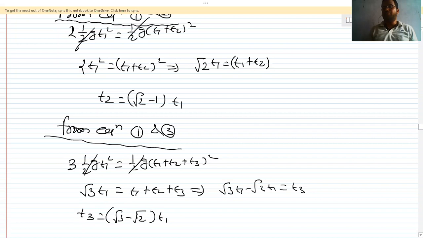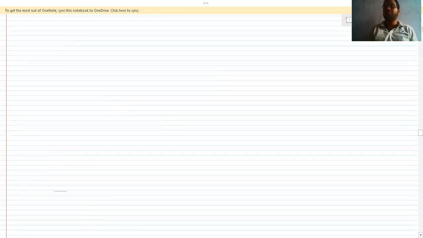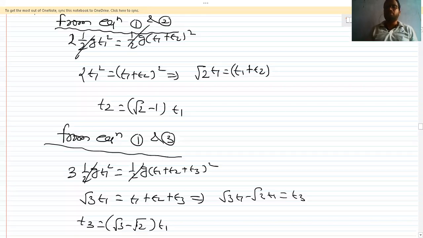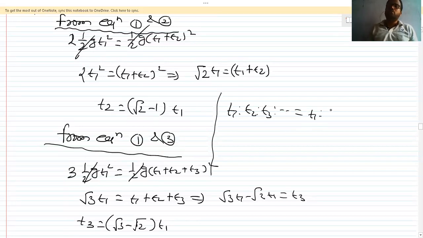And if you see the ratio, the ratio will be t1 is to t2 is to t3 is to, and so on, which is equal to t1 is t1 only, is to t2 is (root 2 minus root 1) into t1, is to (root 3 minus root 2) into t1, is to likewise (root 4 minus root 3) into t1.